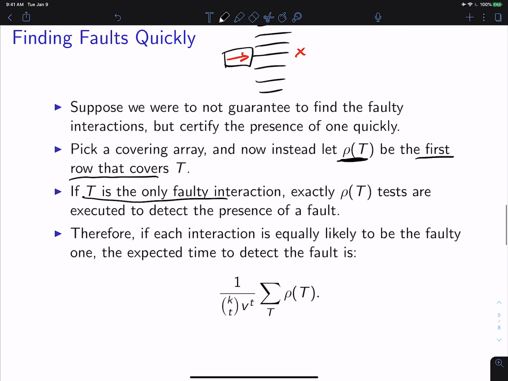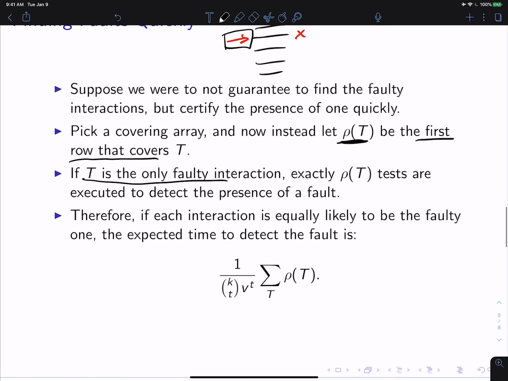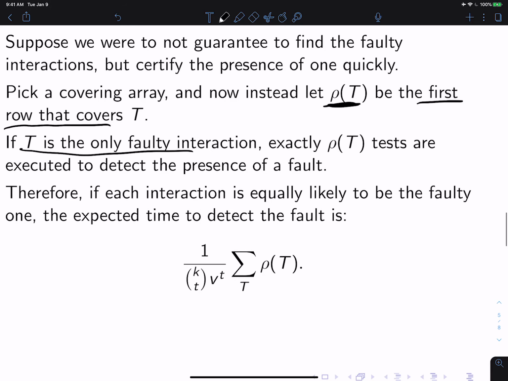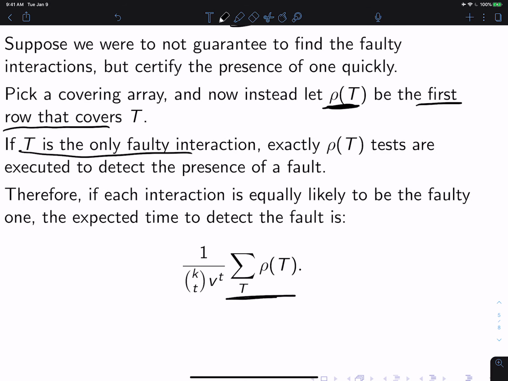So let's see. If every interaction is equally likely to be the faulty one, and we can't make a determination on where they are, then on average, what's the expected time to find it? Well, it's just basically the average row where the interaction appears for the first time.